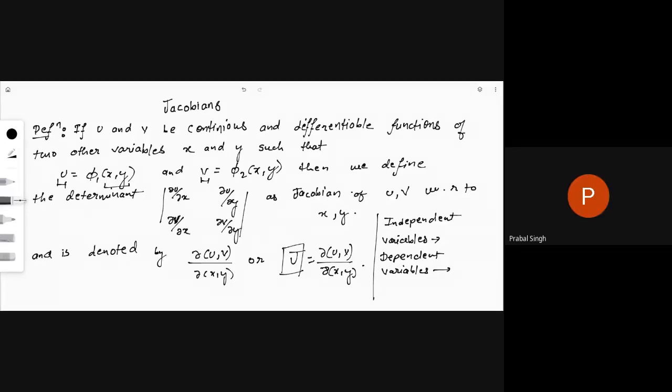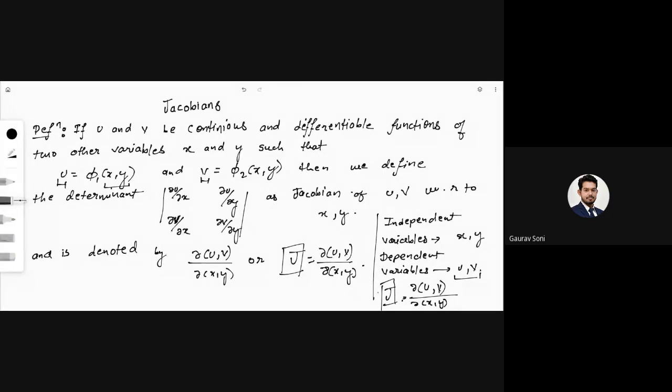U and v depend on x and y, and x and y are independent. So independent variables here are x comma y, and dependent variables are u comma v. Okay, so when I have the Jacobian of uv with respect to xy, it is denoted by capital J. So that means Jacobian. The Jacobian is also denoted by partial del of uv with respect to xy.